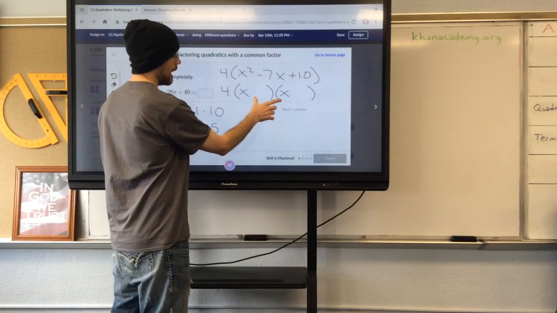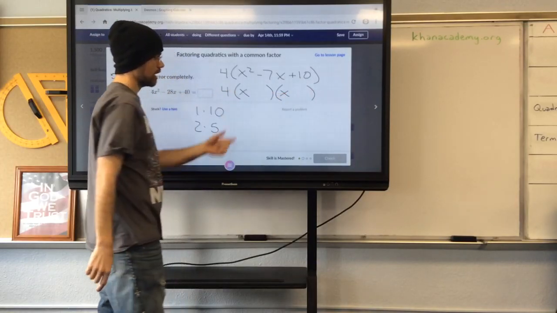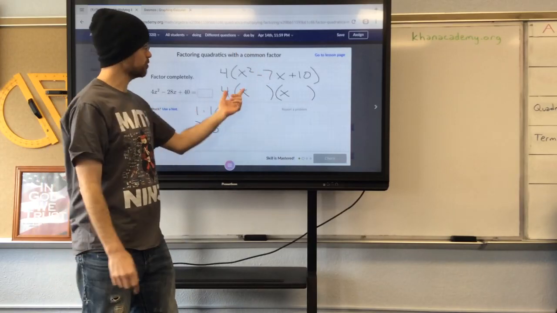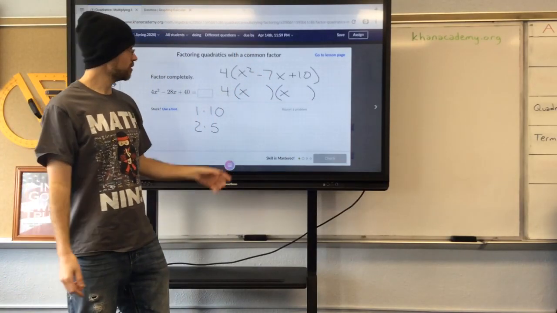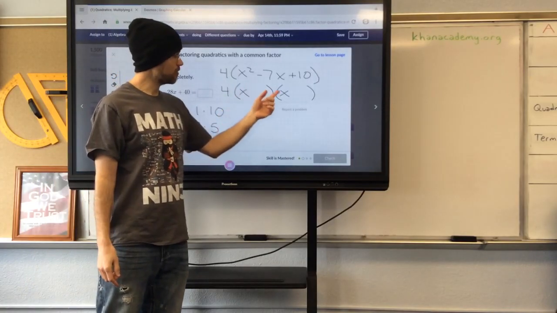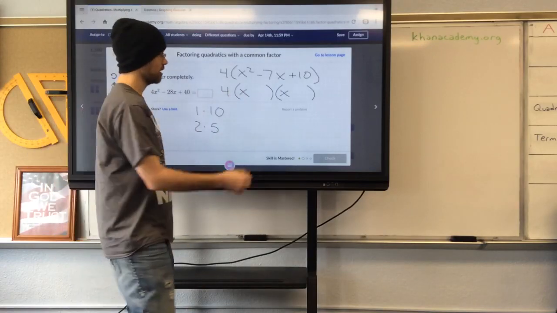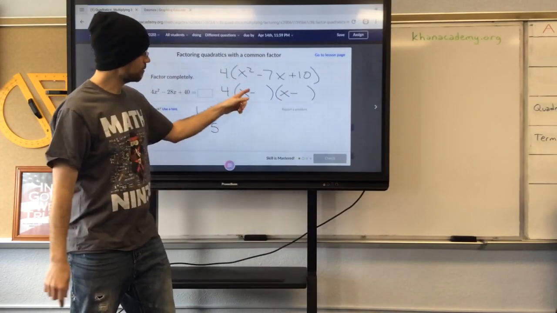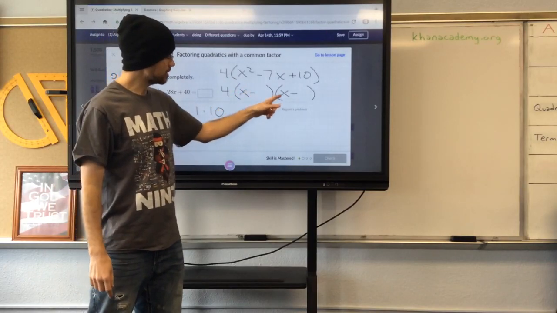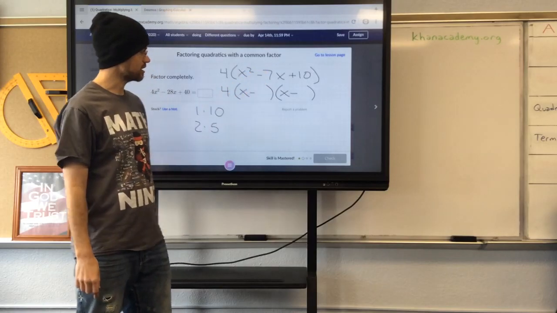Now when I add the product of the inner terms to the product of the outer terms, I have to get a negative number. Well, if those are both positive and I add them, I'll get a positive number, so it's not positive. If I have a negative number and another negative number, when I add, I'll get another negative number. So this is negative and negative.